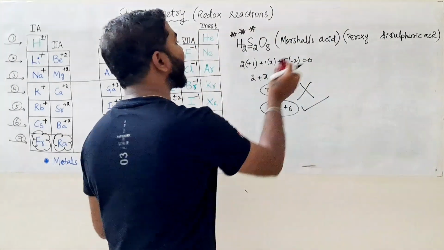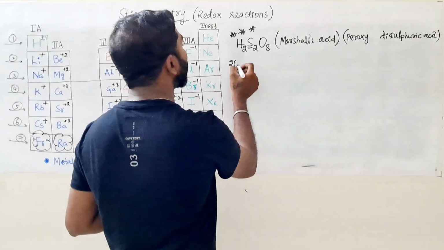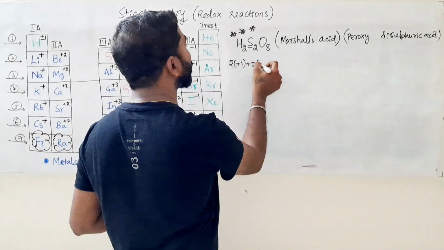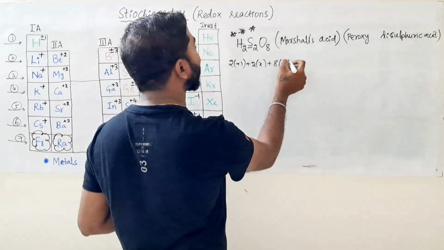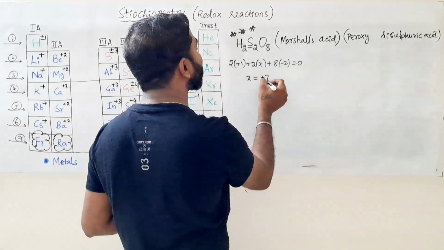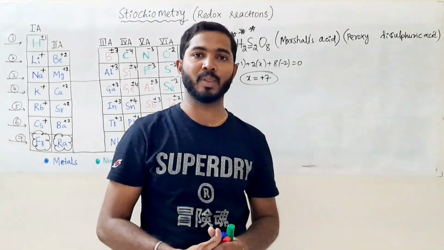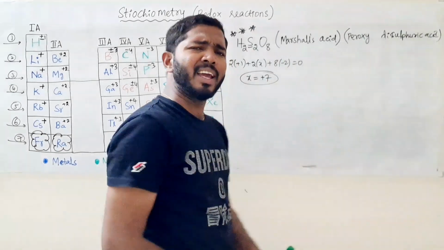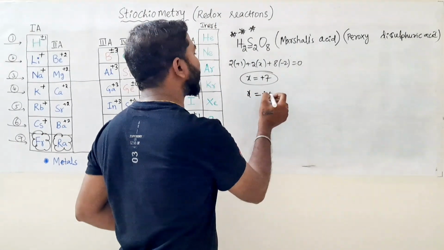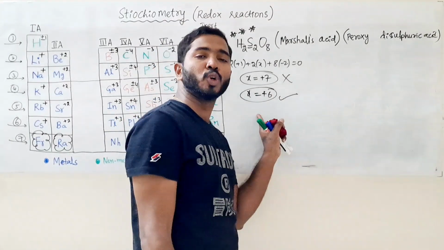Now if we calculate the normal oxidation number, how much are we going to get, sir? 2 into +1 plus 2 into X plus 8 into -2 is equal to 0. Then we get the oxidation number as +7, which is not possible again. In such a case, we can directly go with the number +6. This is 100% true.